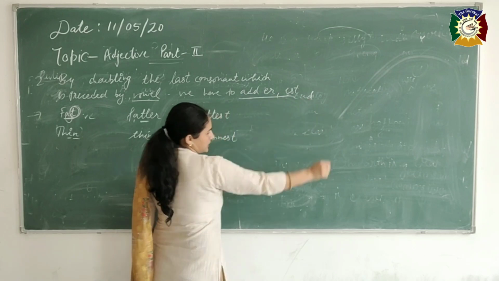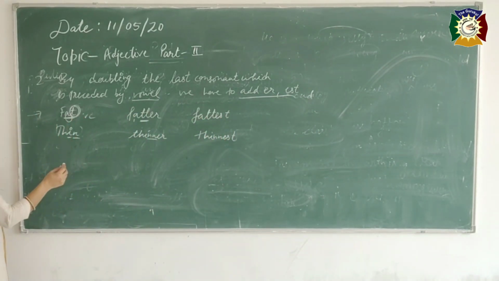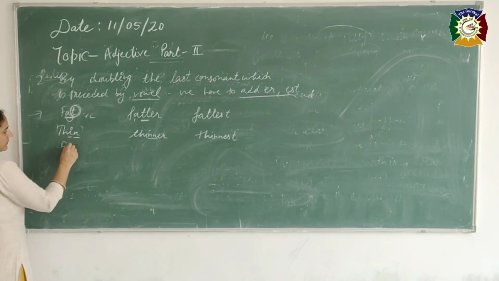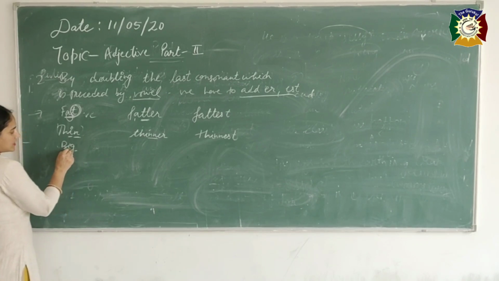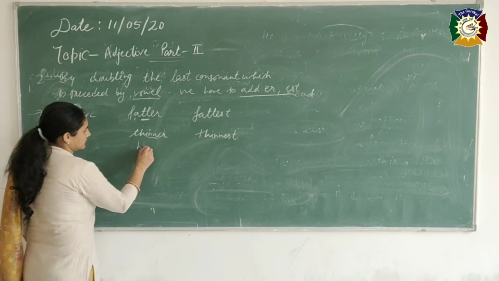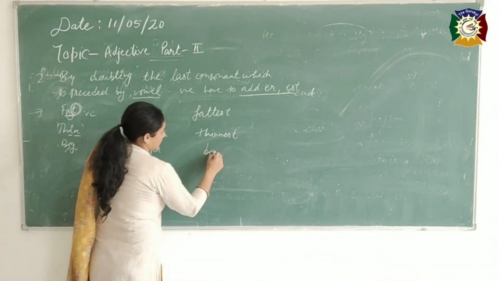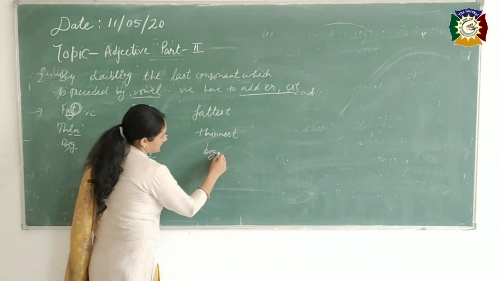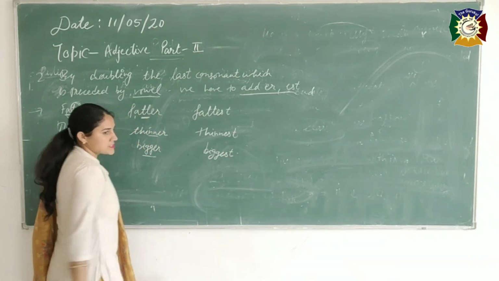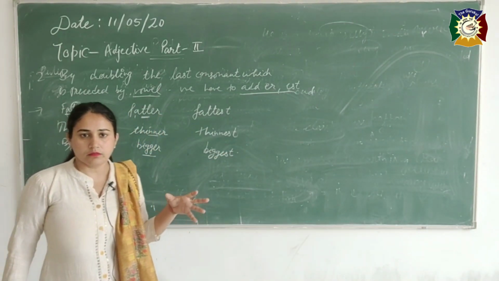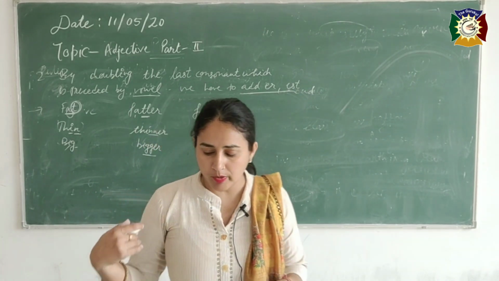Thinner, thinnest. Big, G, I, bigger. Bigger. Biggest. Right, dear student? You can make your own adjective by focusing on this particular rule.